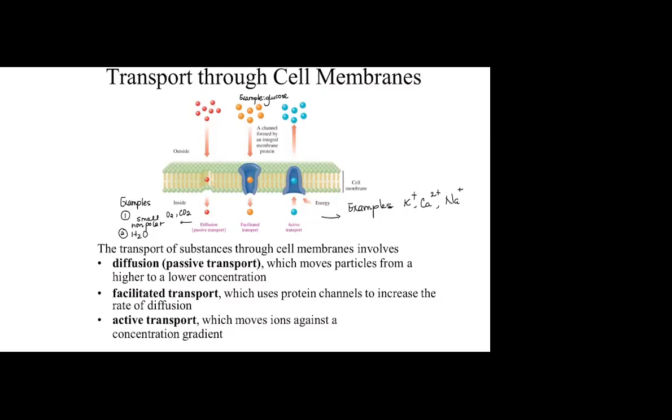And remember that even though we're not going to talk about it in detail, energy in the cell comes in the form of ATP. So you need the hydrolysis of ATP, and the energy that is released specifically from that event, from the stored energy in the bonds, is what allows these ions to be transported through active transport.